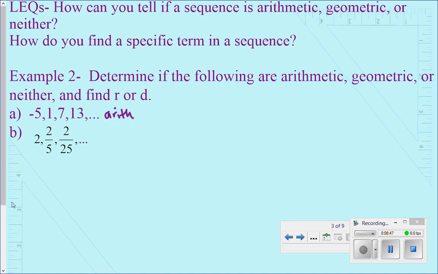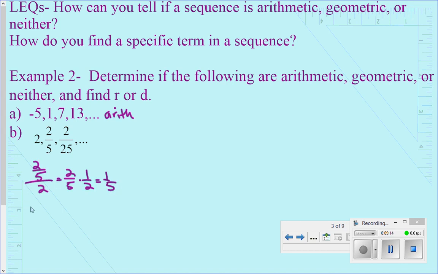Okay, next one. 2/5 minus 2, 2/25 minus 2/5, and you can use a calculator if you want. You would not get the same amount. But if you do 2/5 divided by 2 and 2/25 divided by 2/5: 2/5 divided by 2 is the same thing as 2/5 times 1/2, which is 1/5.